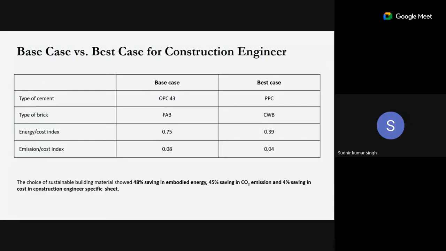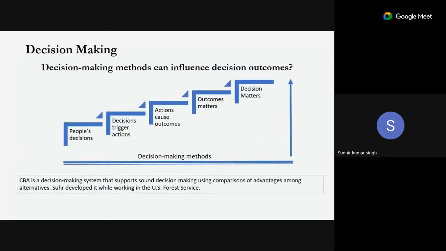You must have heard of certification, right? Rating systems. If I want to take my building to certain certification, probably in that case, the budget will not be a criteria for me, but the emission or embodied energy will be a criteria for me. So this gives me an idea how can I select the particular material based on this index.